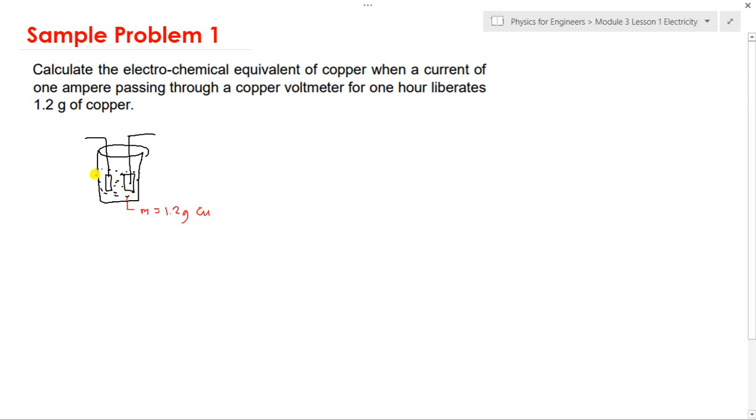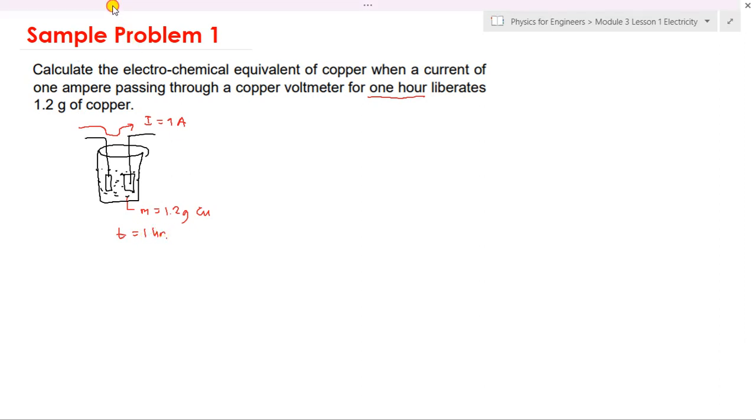And during this electrolysis process, the current passed is I equals 1 A, that is 1 ampere, for 1 hour. So therefore the time for this process takes 1 hour.